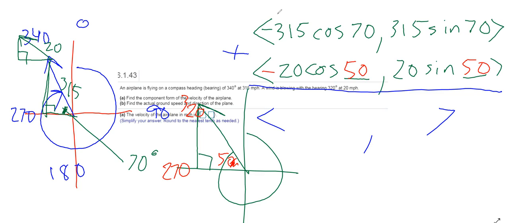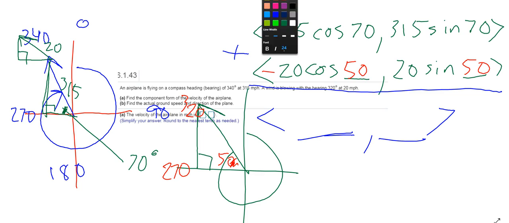They do want the components because they've listed it with the x's and the y's, but then they said the velocity of the airplane. That almost sounds like the magnitude. Well, the actual ground speed and direction of the plane, so then they're going to ask me for the magnitude and the direction, which is what we've talked about earlier with the Pythagorean theorem and the inverse tangent. But you really need to find these two components. I'm guessing you're going to get something that looks like this, with a negative x and a positive y.